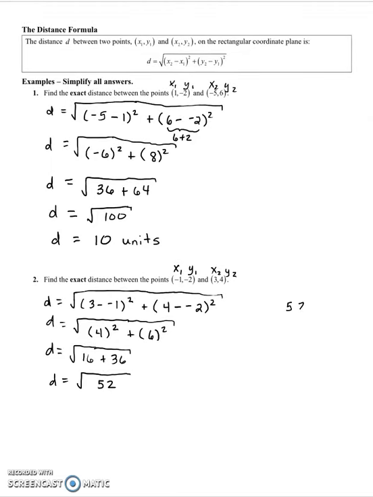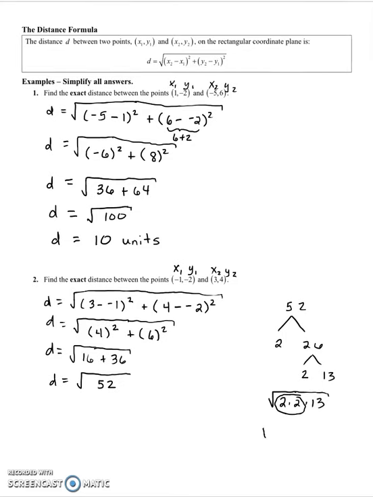So let's break down 52 over here. 52 is 2 times 26. 26 is 2 times 13. So what we have is 2 times 2 times 13 under the square root.